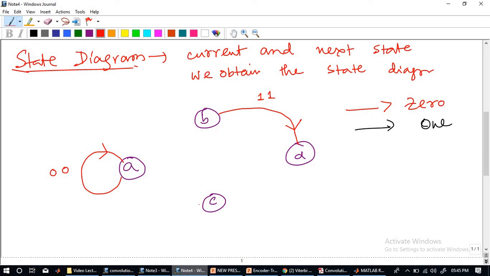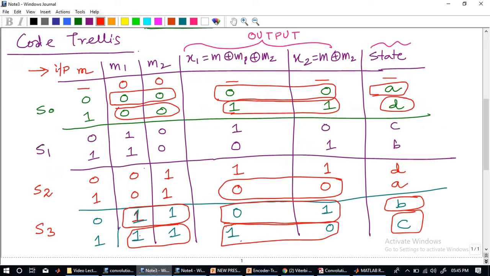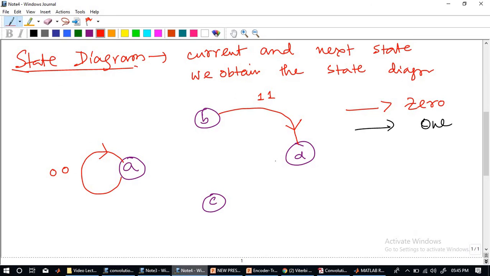What is the corresponding for D? If it is at D, so it is at this point, 0, 0 comes in. The next state that it goes to is B and the value is 0, 1. So from this it goes to maybe this and 0, 1 is the corresponding output.